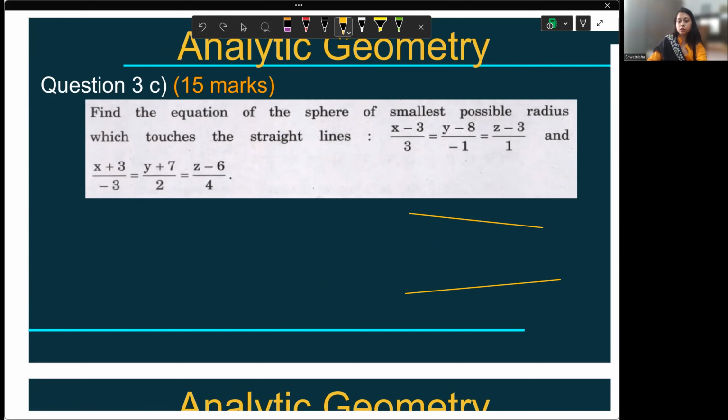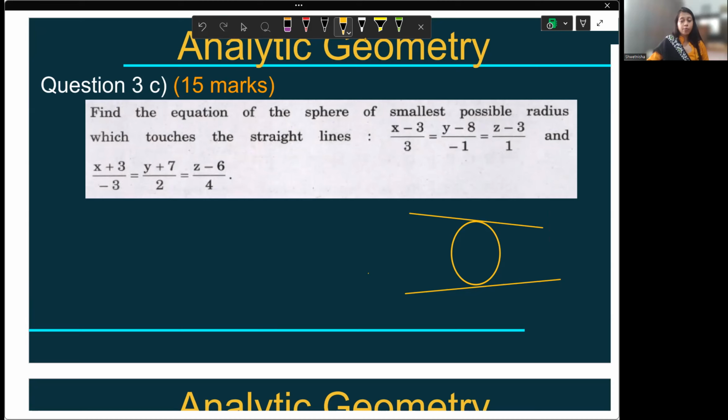What will be the sphere of the smallest possible radius which touches both of these lines?